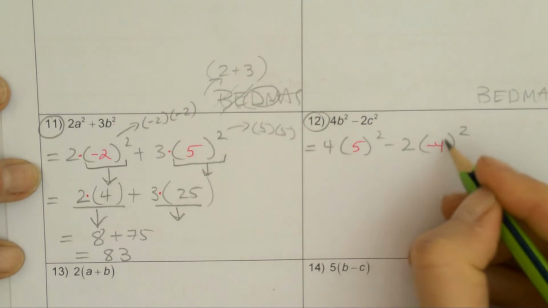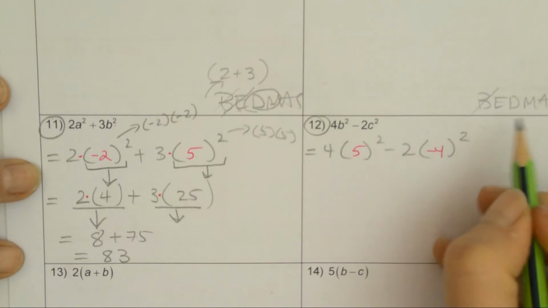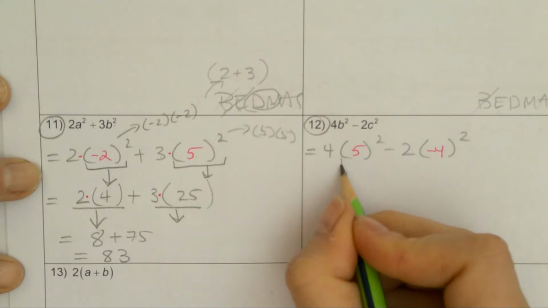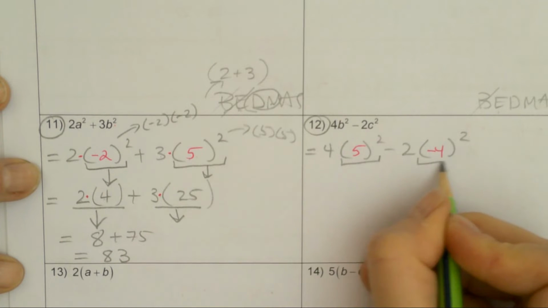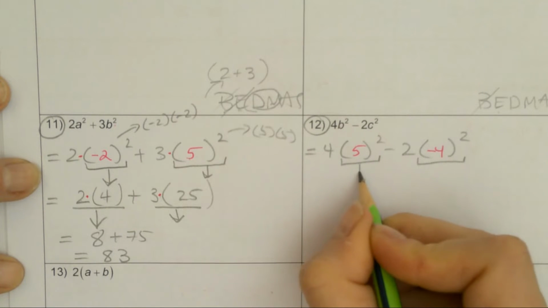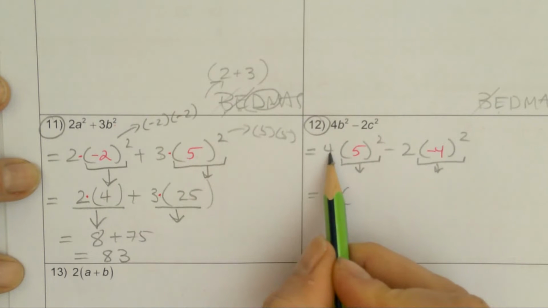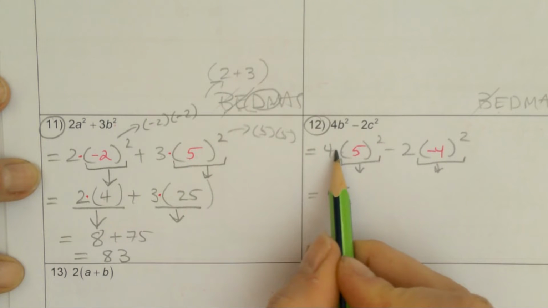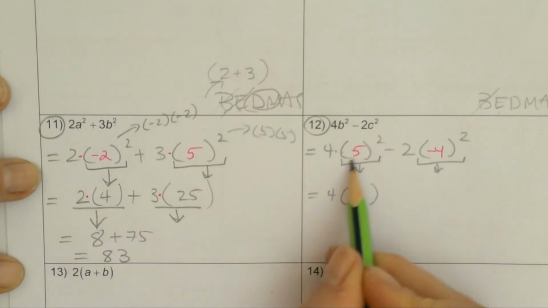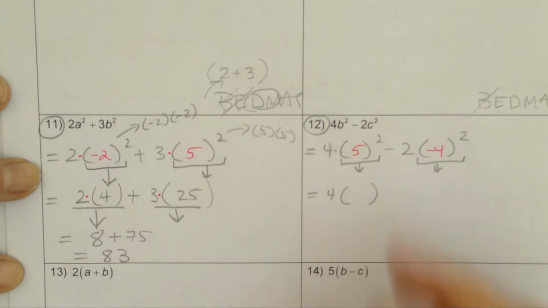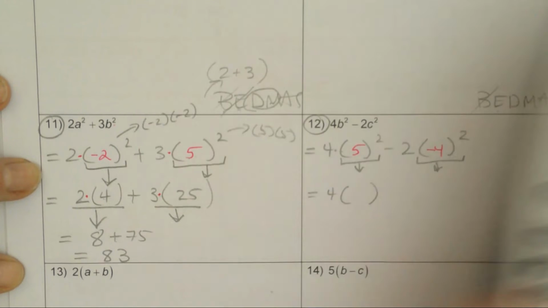The negative 4's alone, I can't do anything. Do I have exponents? Yes, so that's next. Because they're not touching, I can do them at the same time. And because this 4 is touching the bracket, that means there's a multiply there, so I'm going to keep my brackets after. So 5 squared was 25, because that's 5 times 5.